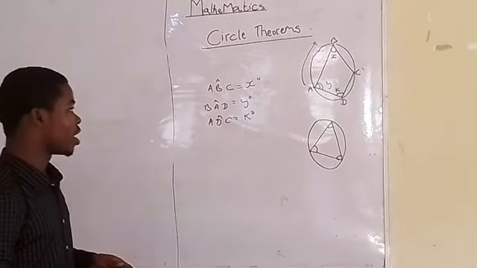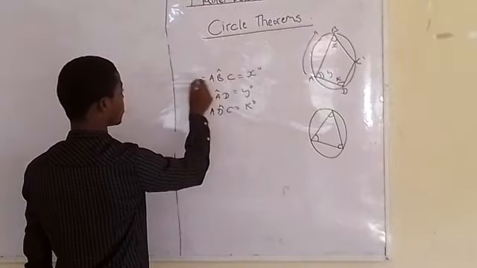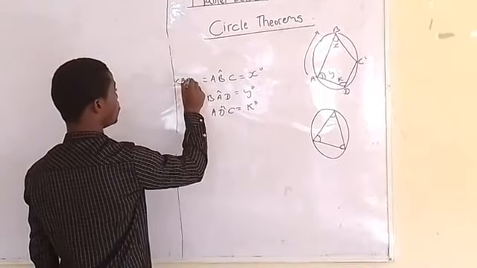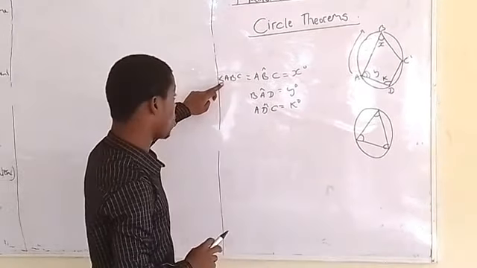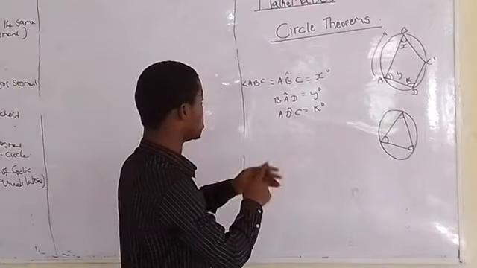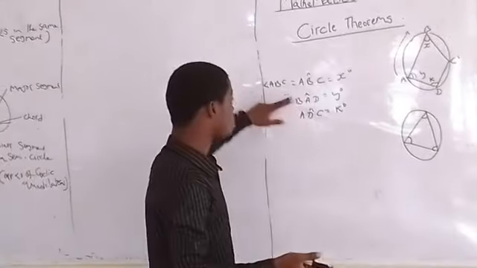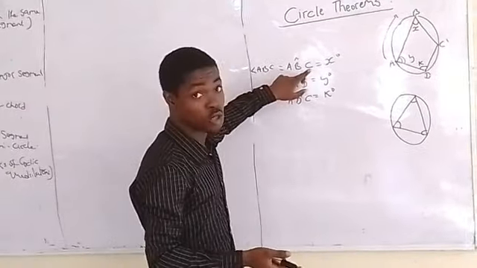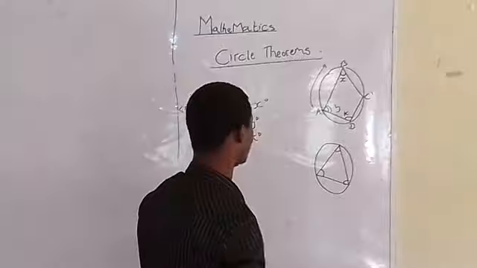Apart from saying angle B is equal to X degrees, it's also the same as saying angle ABC with a less than sign before the alphabet. This means this angle is also at B. It's either you see it like this or like this. We are referring to the same thing, just to make sure you get this.